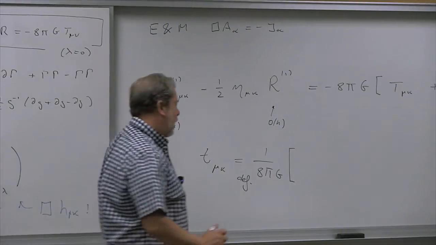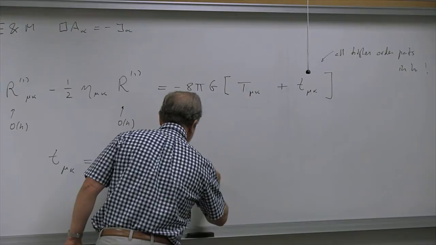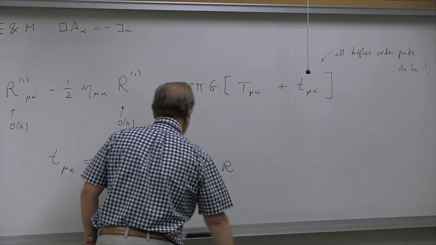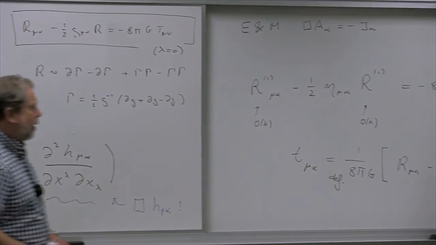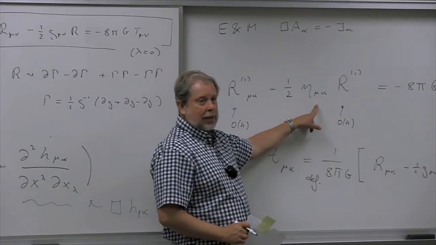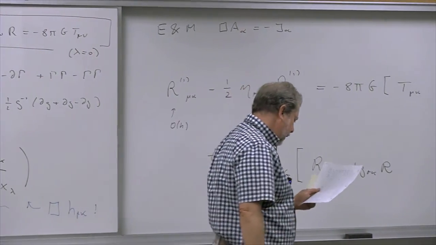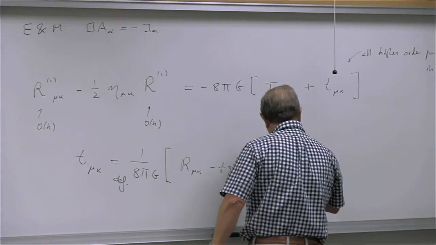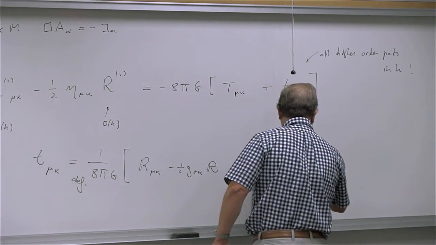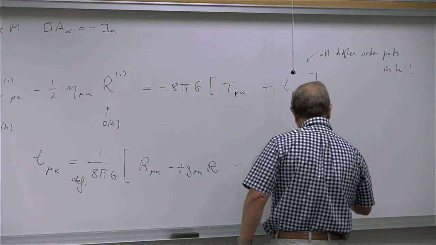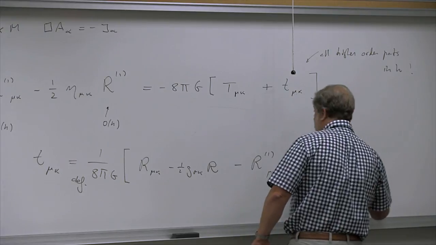So everything else is the original R mu k minus 1/2 g mu k times R, obviously minus what we included explicitly on the left-hand side, which is just the linear part, so minus R1 mu k plus 1/2 g mu k times R to first order, and then close parenthesis.